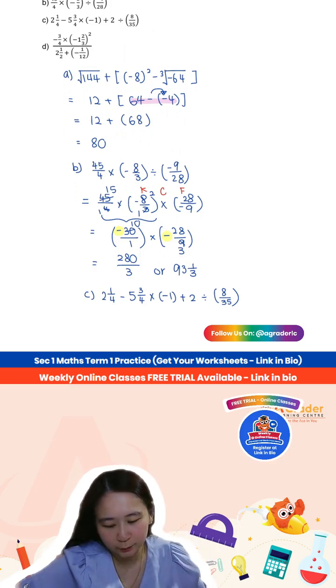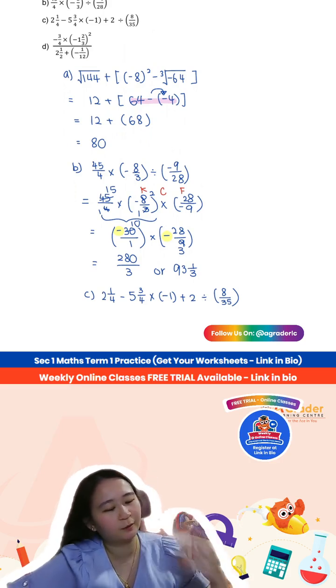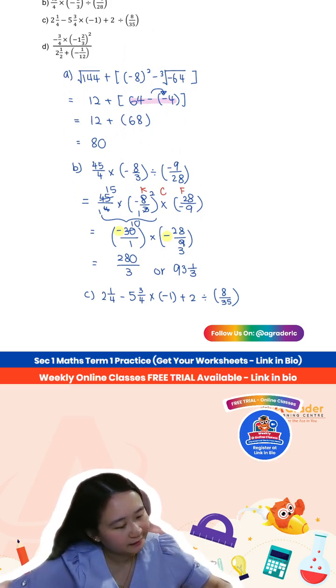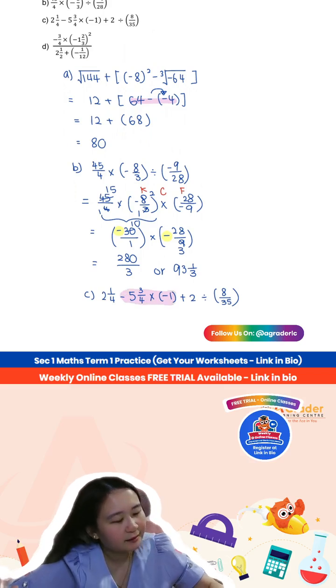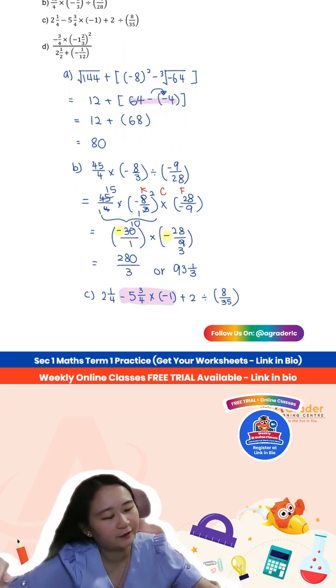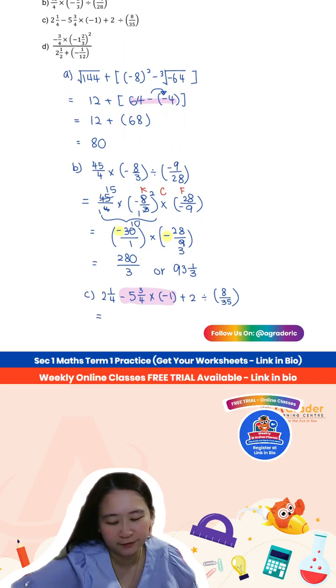Okay, which one should I deal with first? So multiplication and division comes first from left to right. So in this case, we need to multiply this first, and take note, always take the sign in front of the number, or in this case will be the fraction.